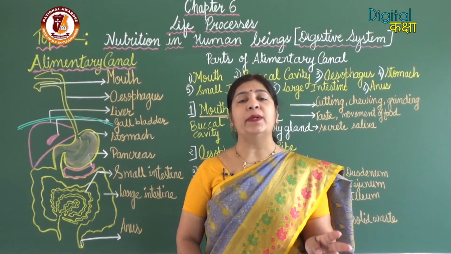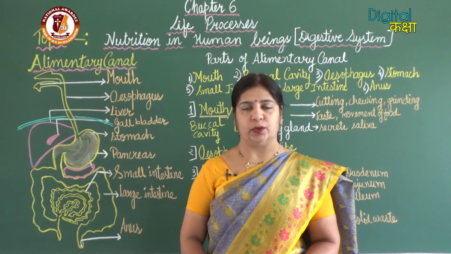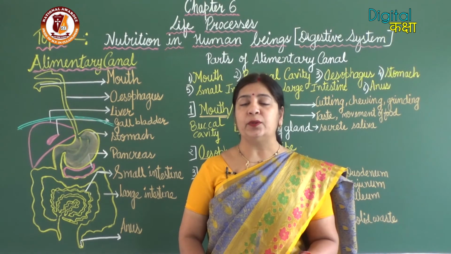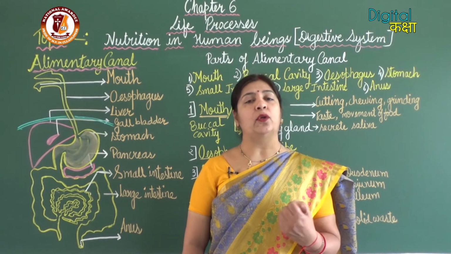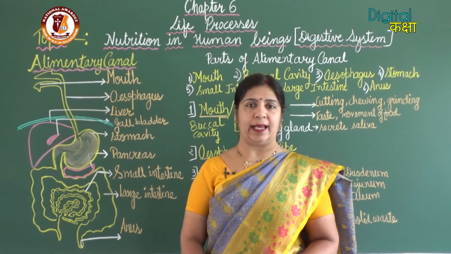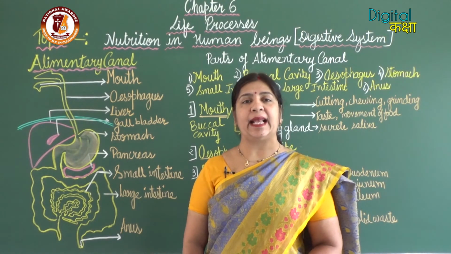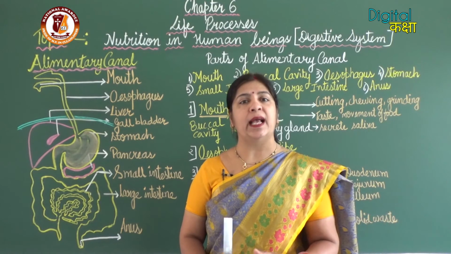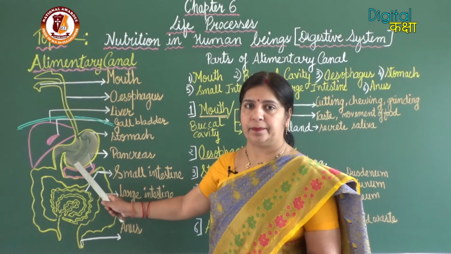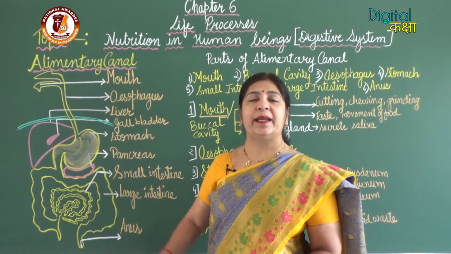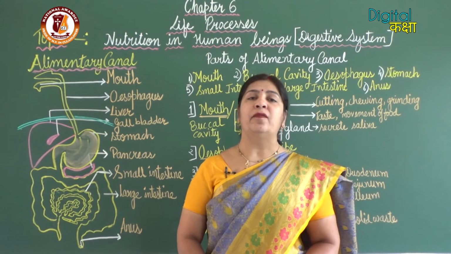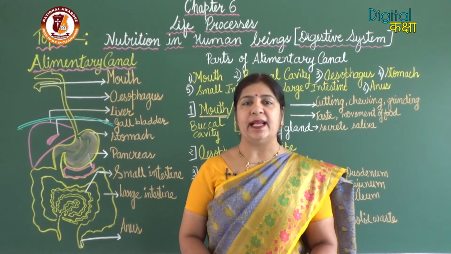So, these are the two enzymes present in the gastric juice. Besides the two enzymes, gastric juice also contains hydrochloric acid, and this hydrochloric acid makes the medium of food acidic in the stomach. This acidic medium helps in the functioning of the pepsin enzyme.